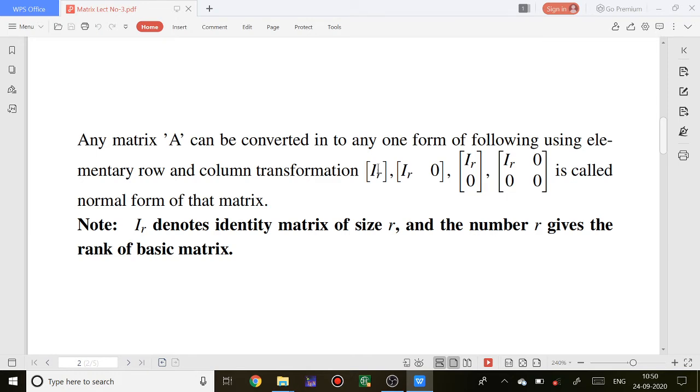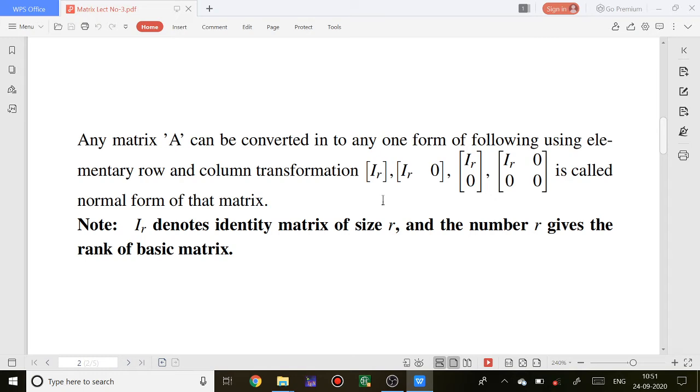Now the question is, what is this I? I is the usual identity matrix. The suffix r gives the order of that identity matrix, and another significance of this suffix r is that it is the rank of that matrix. So simply, we are investigating the size of the identity matrix hidden inside our matrix.